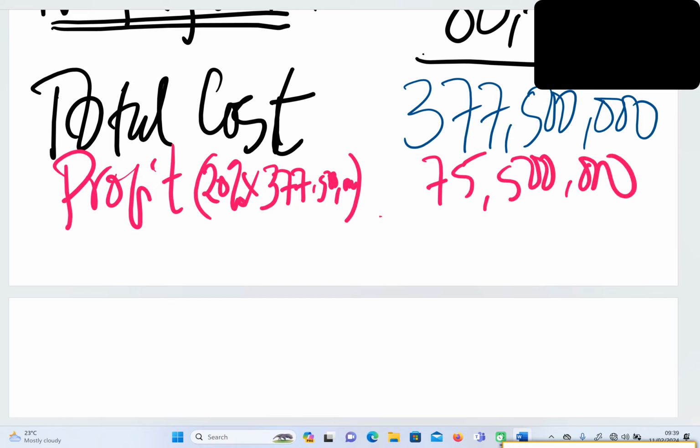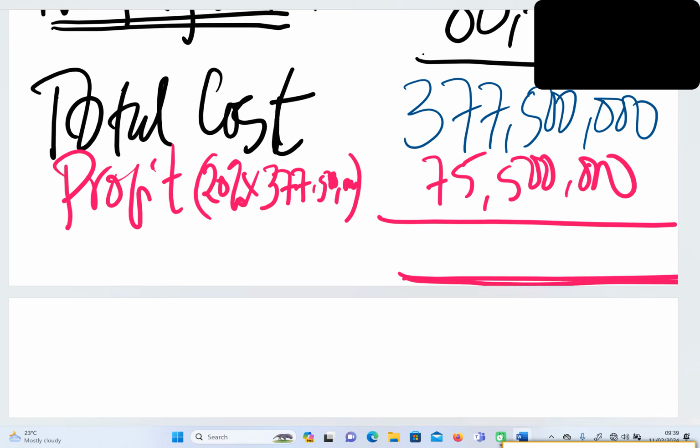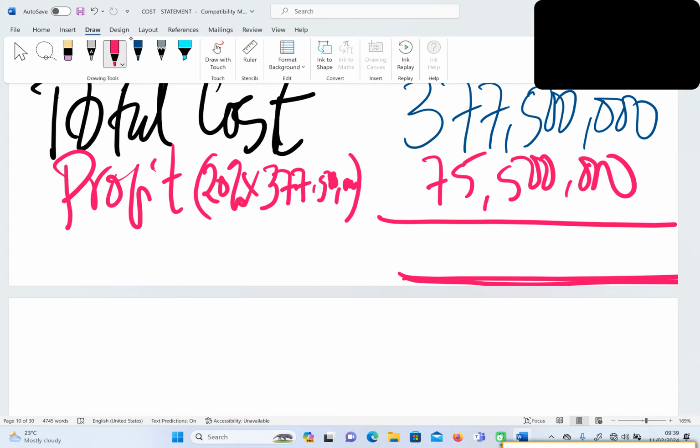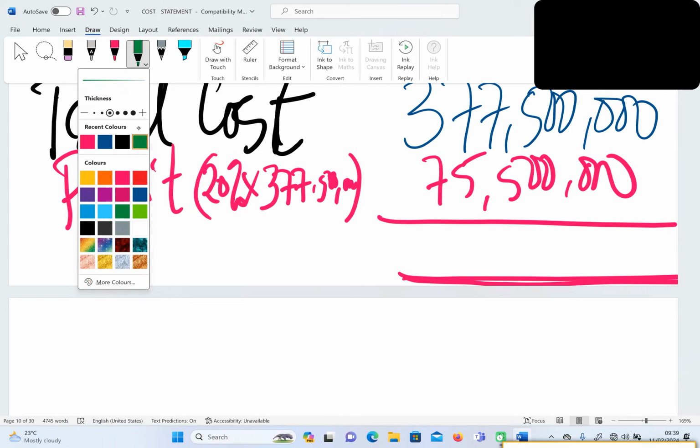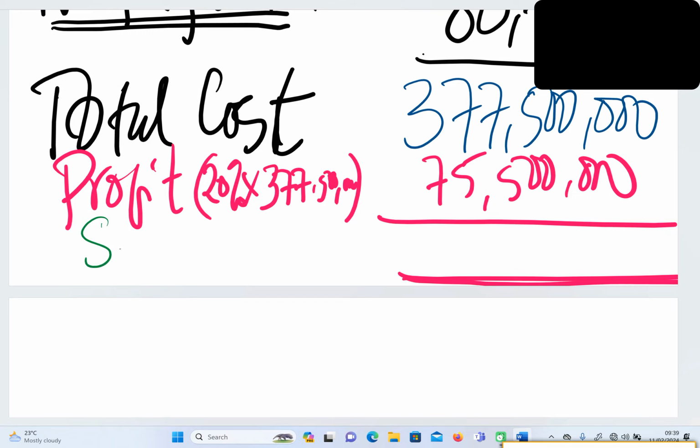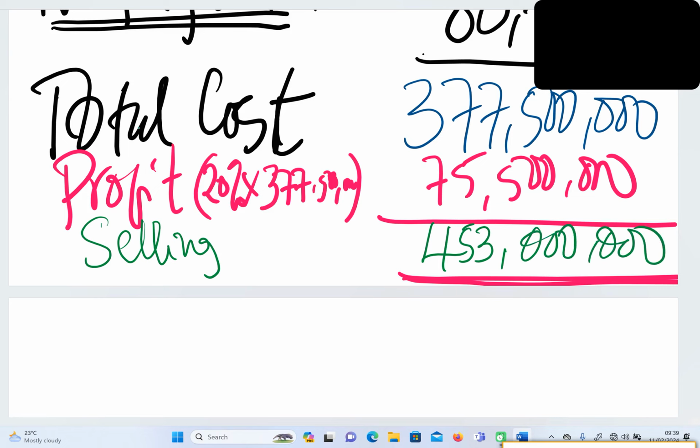Hii ndio cost, ndio? Maana selling price is now easy to get. What's the selling price? Unapata 453. Basi 453. Hapa ndo swali limeisha.